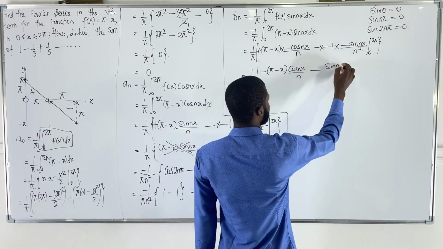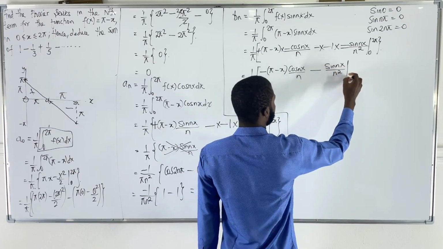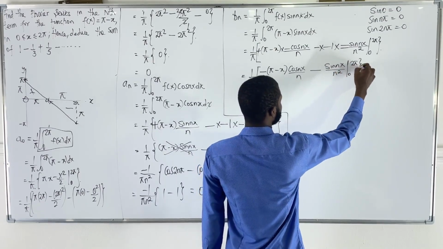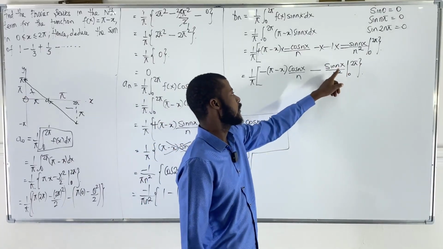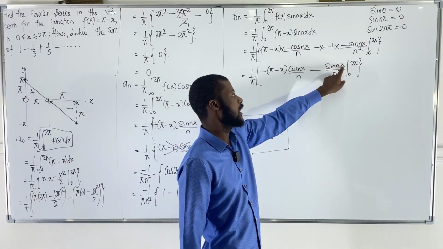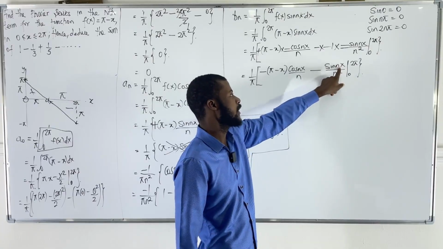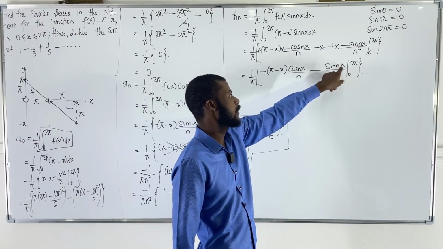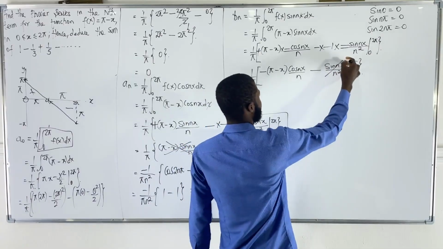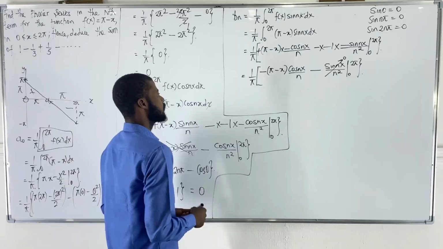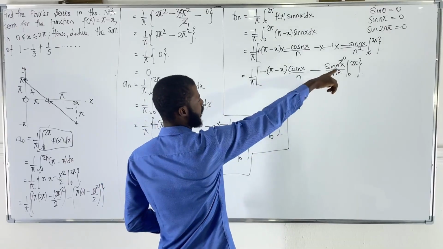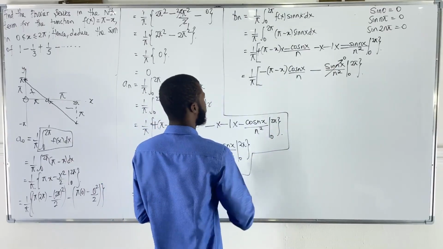Sine nx over n squared from 0 to 2 pi. Now remember that because of these limits, if we put 2 pi in sine 2n pi, you will get 0. If we put 0, you will still get 0. So this guy will just be 0 no matter the limits.